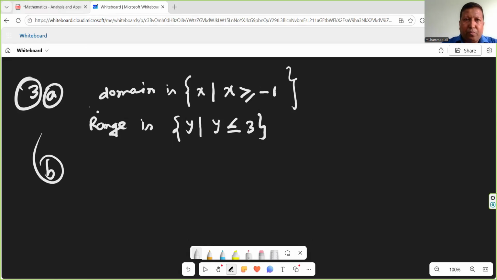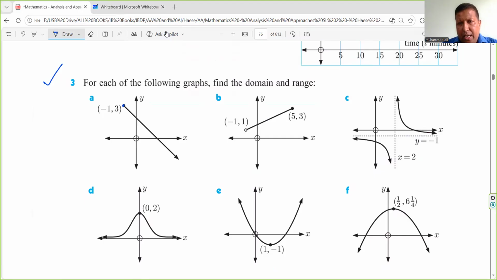Number b. Okay, here (-1, 1). If you observe, this circle is like a hole, it is not included. But this point is included. So if you want to find the domain, x such that x > -1, because -1 is not included, it is only a circle, but x ≤ 5.